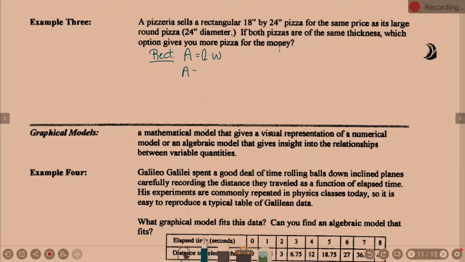The length and width of the pizza were 18 and 24. I'm just doing area here because I'm not worrying about the thickness. What is 18 times 24? 432. So officially the area of my rectangular pizza is 432 inches squared, if you want to get official with your labels.